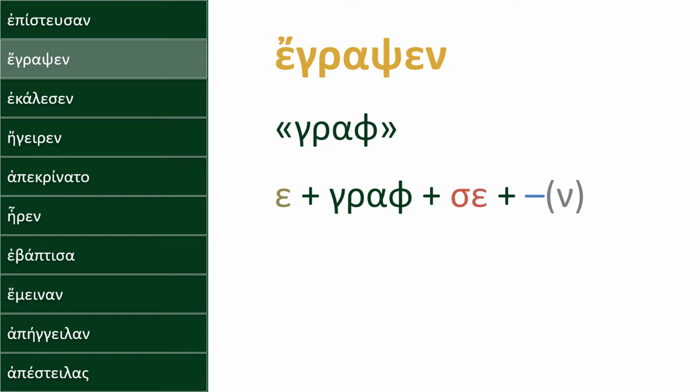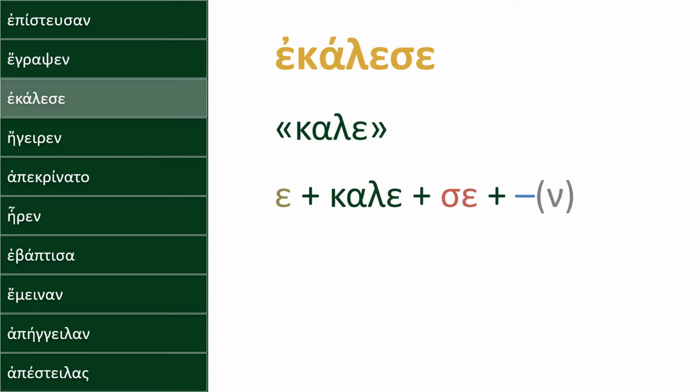There's no personal ending for the 3 singular, but there's an optional movable nu, which is present in this example. Now, when the tense formative sa, or se in this case, is attached to a stem ending in phi, the labial phi combines with the sigma to form psi. Hence we get egrapsen.